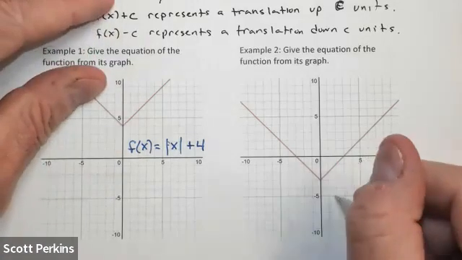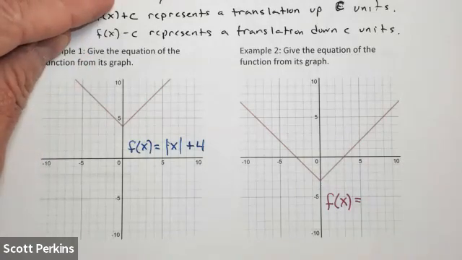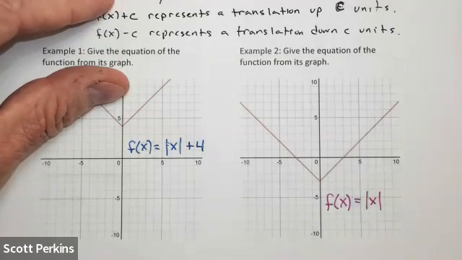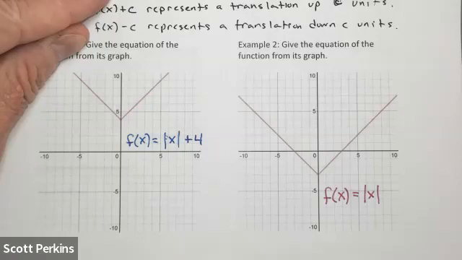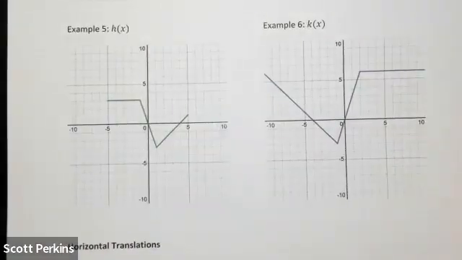Okay, so again, this is my function. Which one of the basic functions is it? Yeah, I didn't change that. It's still absolute value of x, but this time, what am I putting after the absolute value of x? Minus 3. Is everybody tracking with me? Are we good so far? Okay, then let's flip the page.